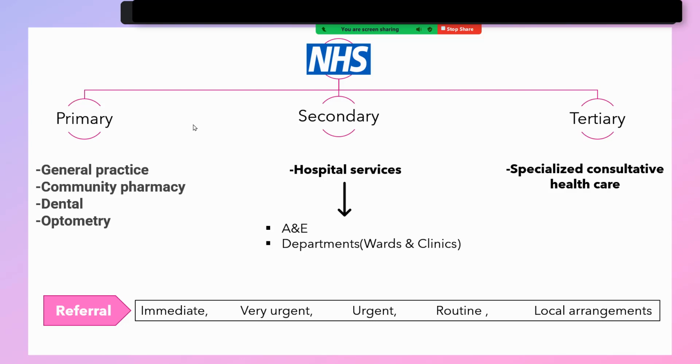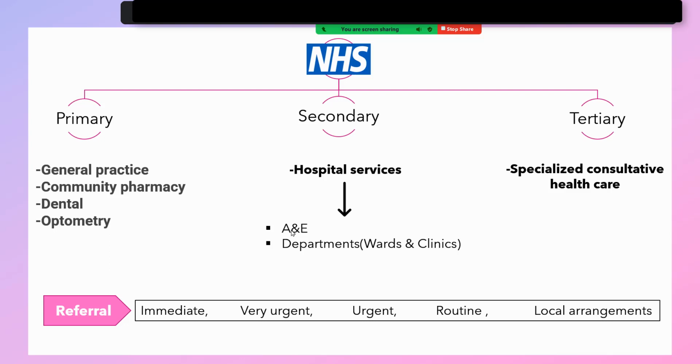Once you know the context and the problem, then in the management, you will know where you are going to refer the patient. Are you going to send the patient home? Or the patient is unstable, then you can refer him to the hospital, to the emergency department.